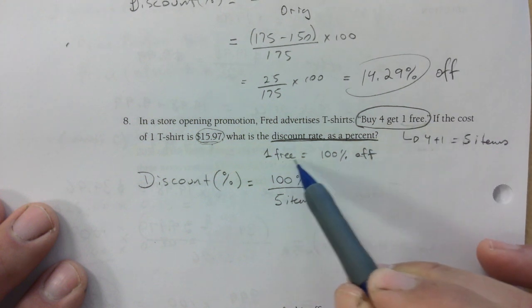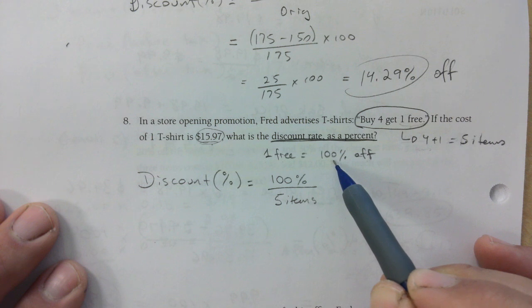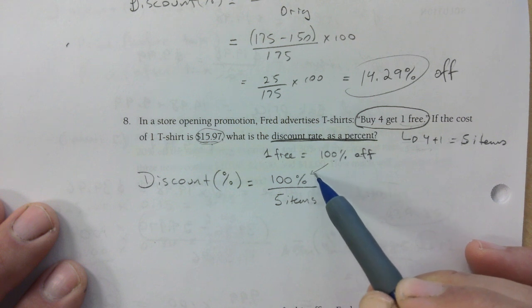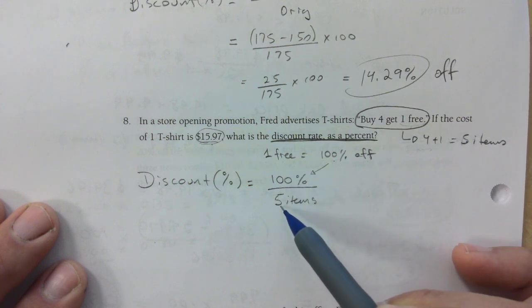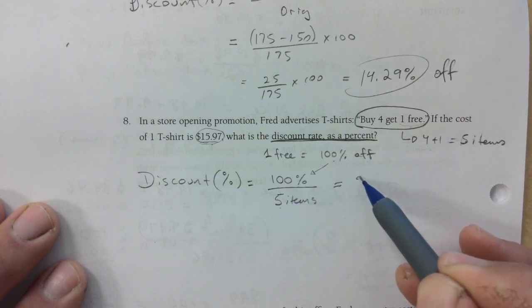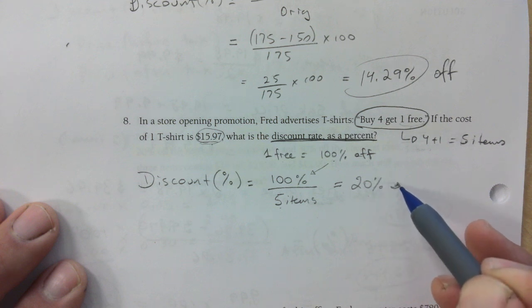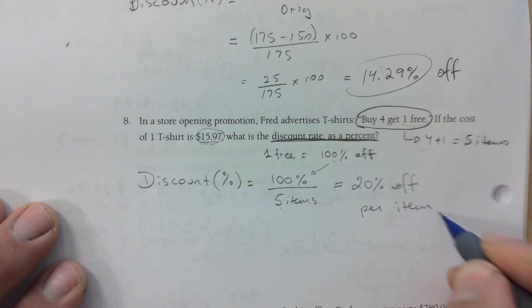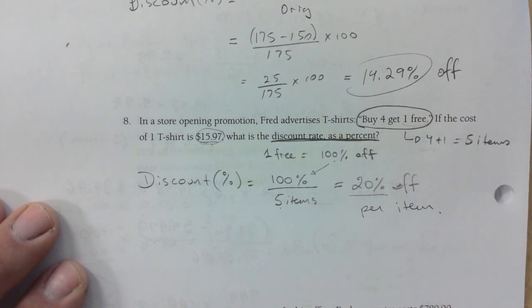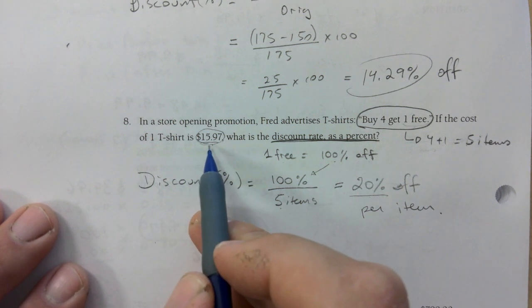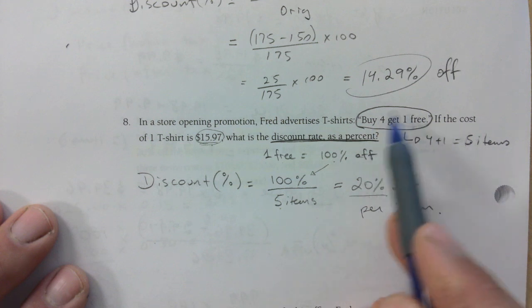One free means 100% off. That last item is going to be completely off. So that discount they're offering you is spread over 5 items in total. So 100 divided by 5 is saying 20% off per item. You're getting 20% off every single T-shirt. So this is what I call TMI, too much information. All you needed was right here.